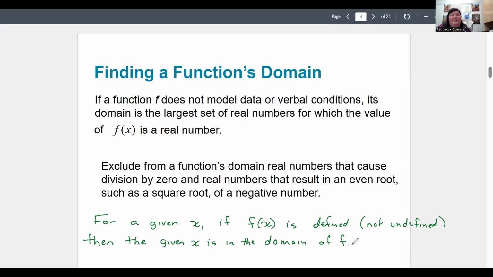That's another way of saying it. So any x value that results in a defined value in my function, so f of x is defined, then that value is part of my domain.